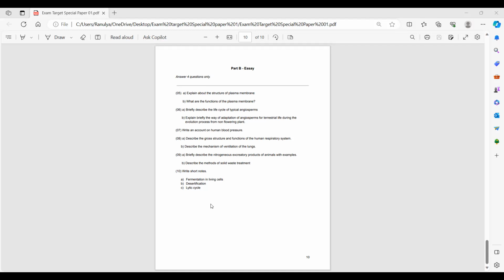In the nasal cavity, air is filtered by hairs and is warmed and humidified as it travels through the spaces in the nasal cavity. The nasal cavity leads to the pharynx, which is a common passage for both air and food. That means the air passage and food passage cross each other.